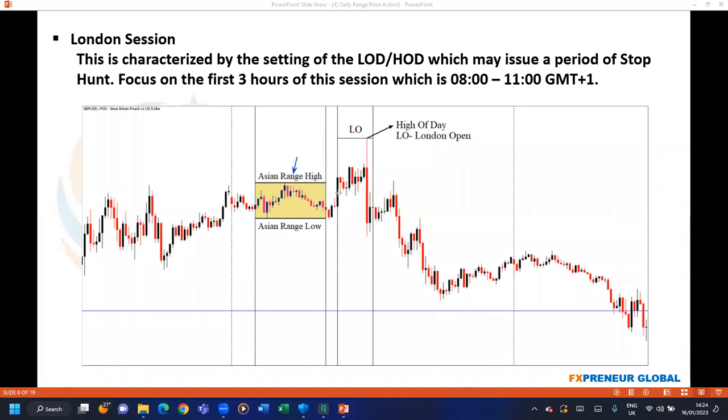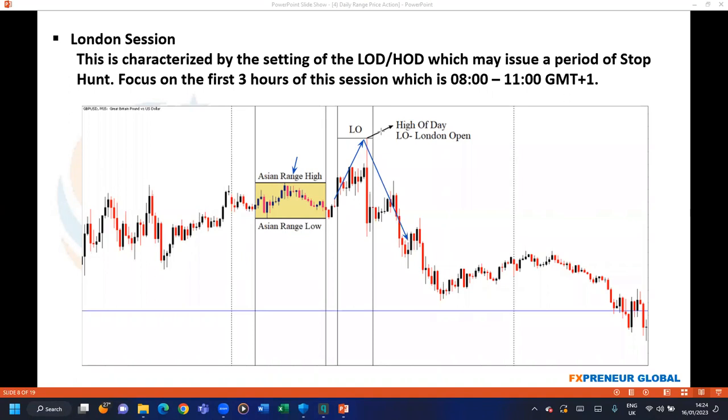When the market leaves the range, it moves in the opposite direction of the trend to set the high of the day. Now look at how the market makers move. If they intend to go short today, first they will go long. They manipulate the market long to set the high of the day before reversing to come down.